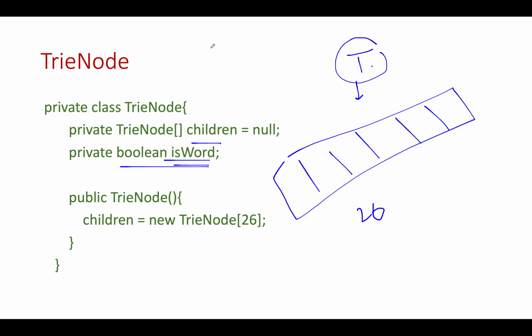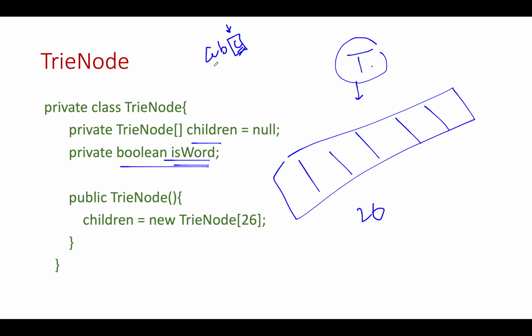For example, we have A, B, C. So for the third node in your trie, C will store the information that it is a successful word completion, and is word or is leaf will be true for this node in the trie.